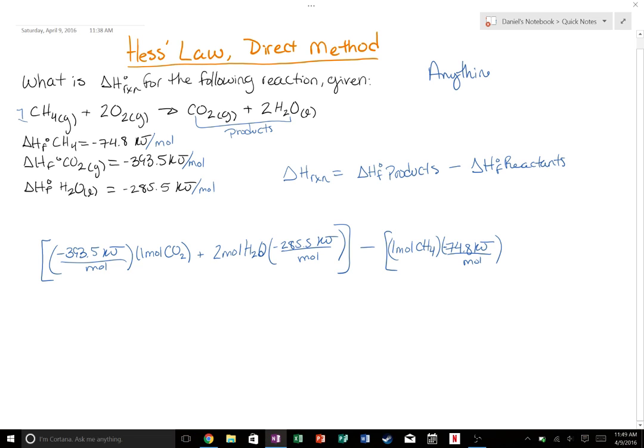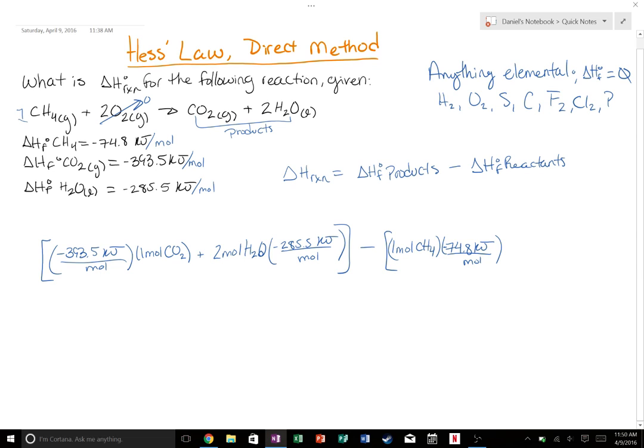Anything elemental, such as H2, O2, S, C, F2, Cl2, phosphorus, anything that's by itself is elemental is going to have a delta H of formation of 0. Delta H formation equals 0, right? So in this case, we don't have to consider oxygen because it's going to contribute 0 to the delta H of formation of this entire reaction, all right?